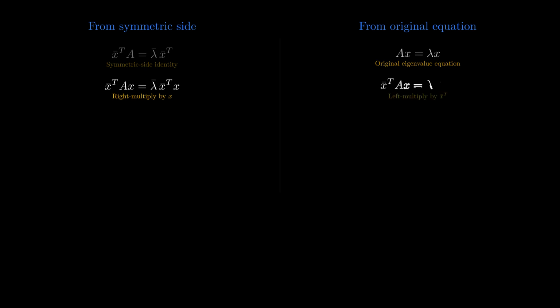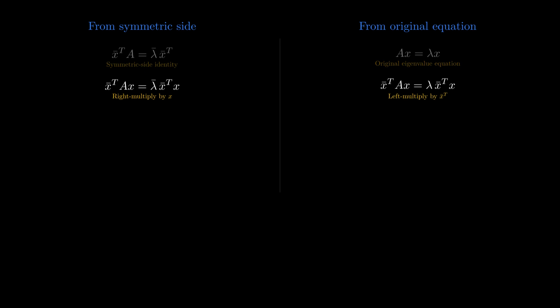Now let's squeeze both equations toward the same quantity. Start with x bar transpose A equals lambda bar times x bar transpose, and then right multiply both sides by x. The left side becomes x bar transpose A x. The right side becomes lambda bar times x bar transpose x. Independently, take the original equation Ax equals lambda x and left multiply both sides by x bar transpose.